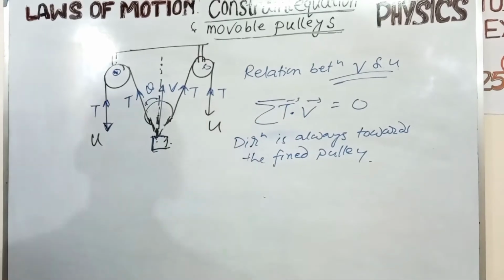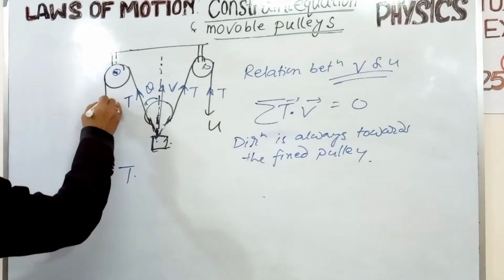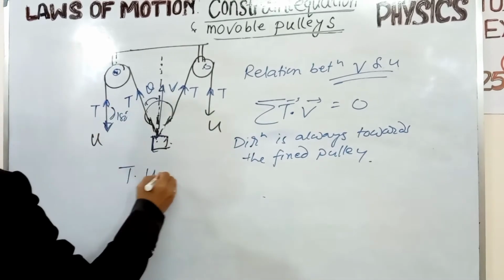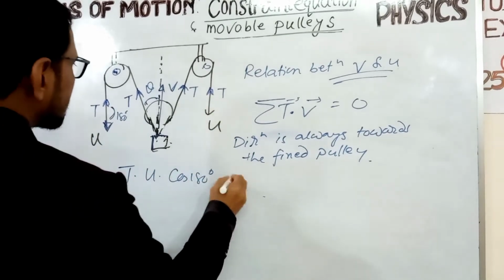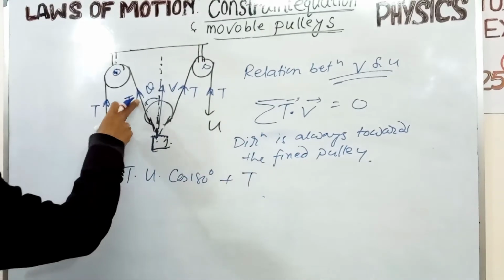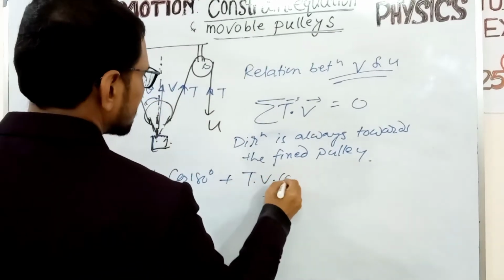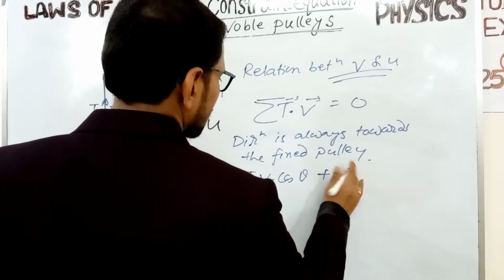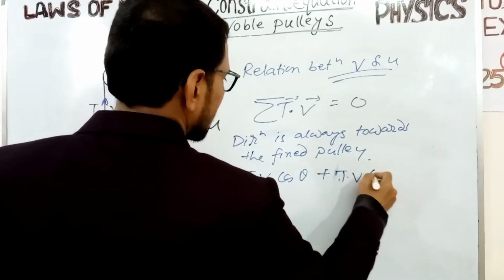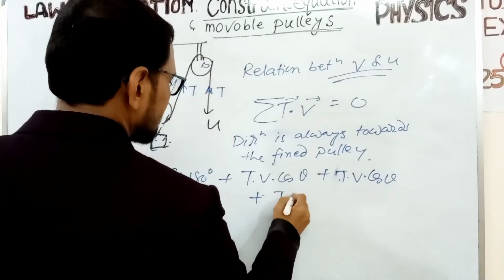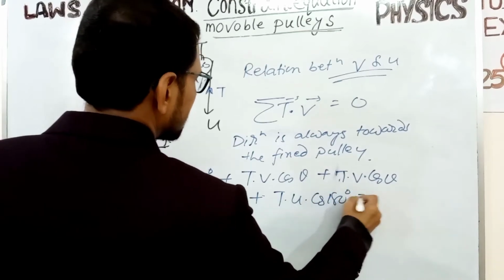If we apply this method, T is in this direction, U is in this direction, so the angle is 180 degrees here. So 2T into U into cos 180 plus T into V into cos theta, here T into V into cos theta plus here T into U into cos 180 equals 0.